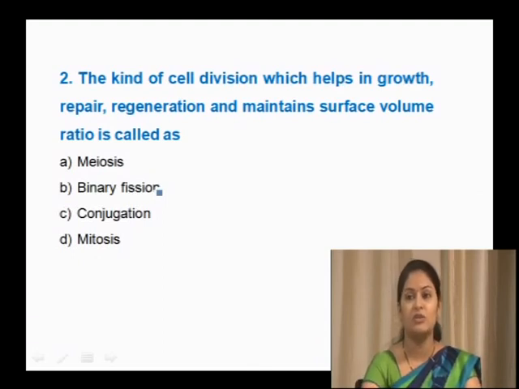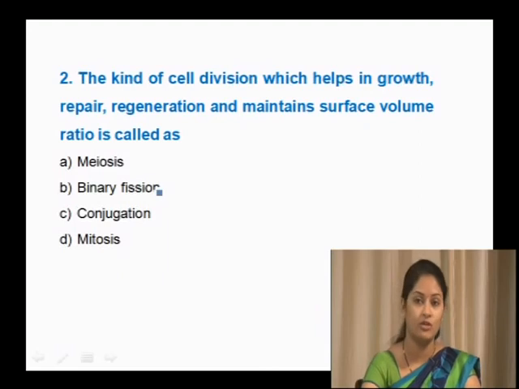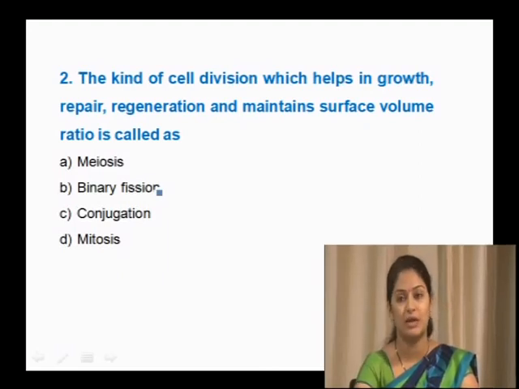Surface volume ratio has to be maintained because during S stage of interphase, the amount of DNA has doubled, which has increased the size of the nucleus, and the increasing size of the nucleus puts pressure on the cytoplasm, therefore on the plasma membrane, pushing them to expand.